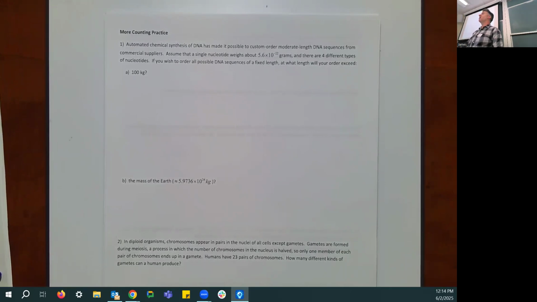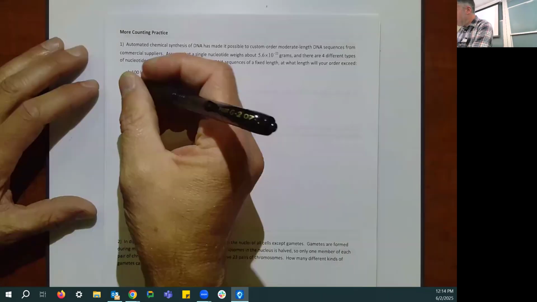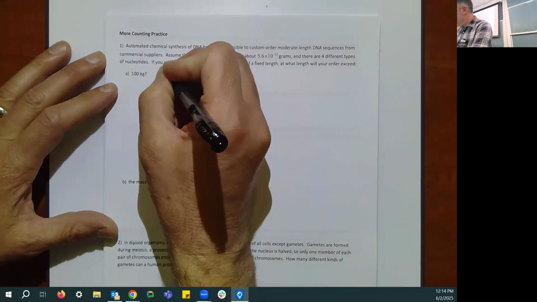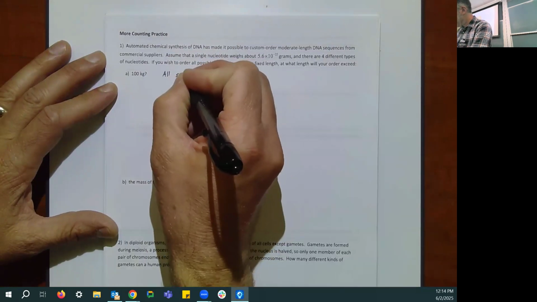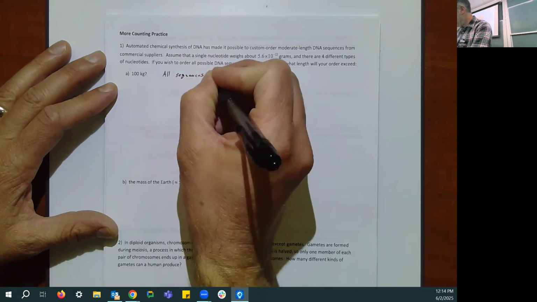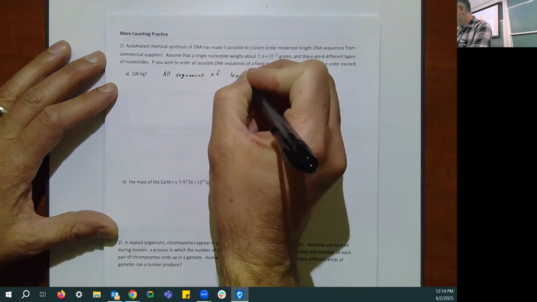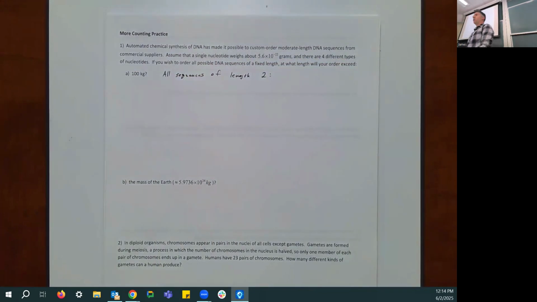All right, so let's just talk about how much it's going to weigh if we order all of a certain length. For example, if I wanted the total weight of all sequences of length 2, just to think about what's going on here, how many are there?